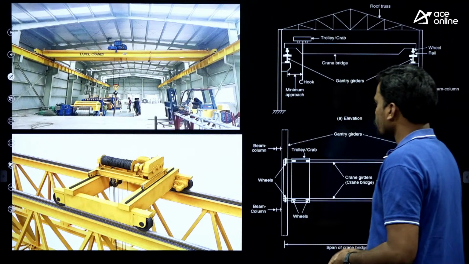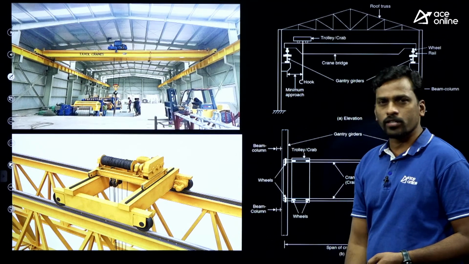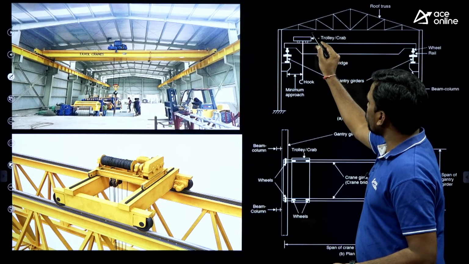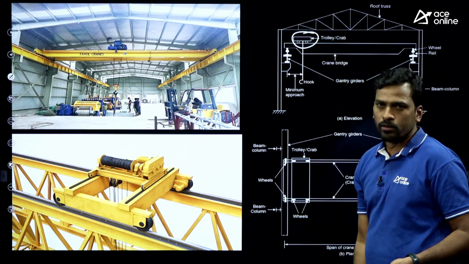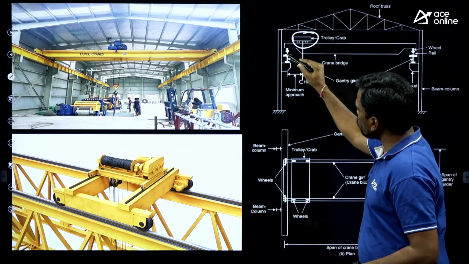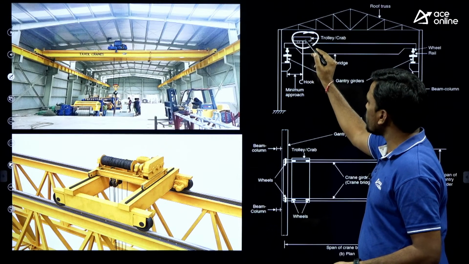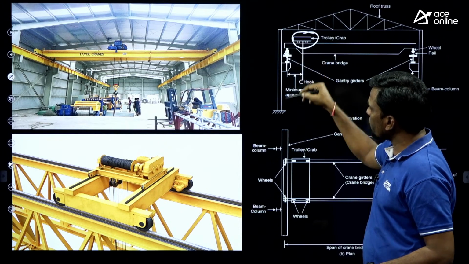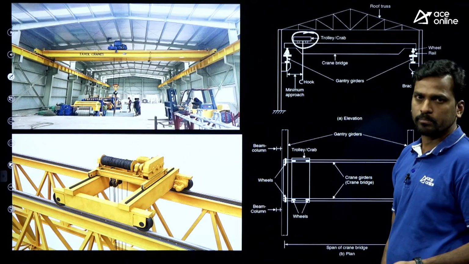This is the diagram I showed in class notes. These are the wheel loads, and this is the crab or trolley. If the crab or trolley is near this gantry girder, we get more reaction here. If the reaction is maximum, shear force is also maximum.